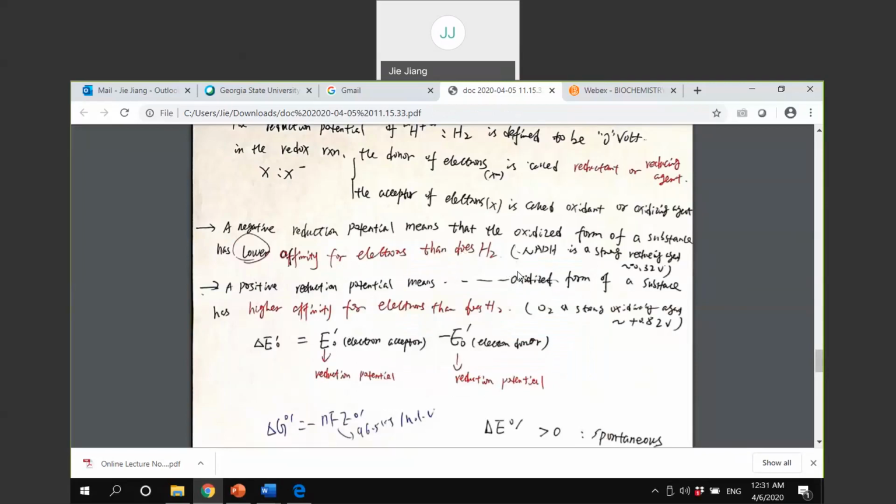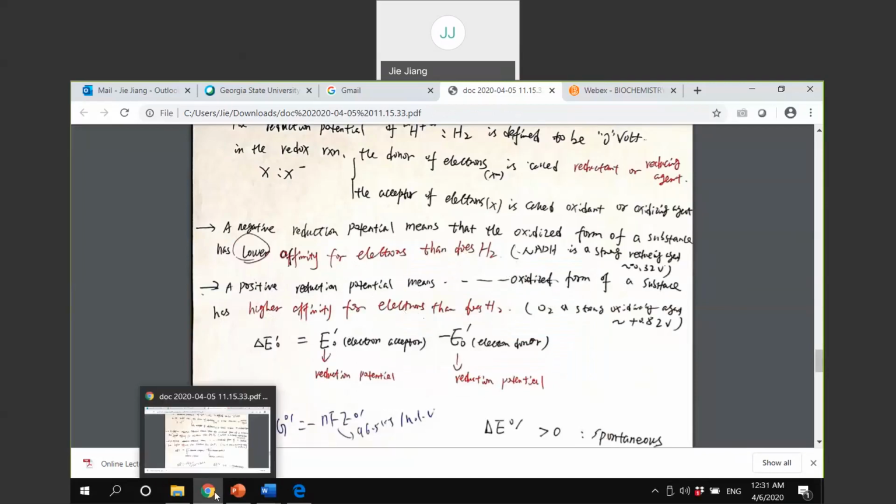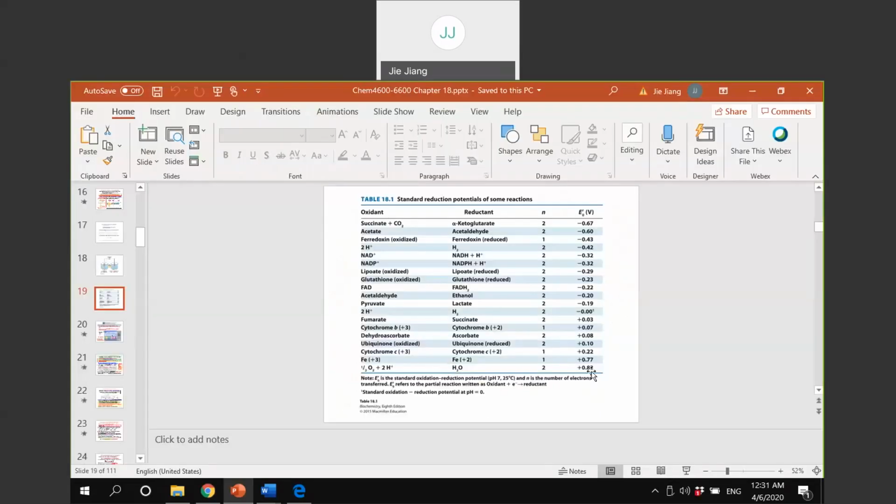So if it has a positive reduction potential, that means the oxidized form of the substance has a higher affinity for electrons than hydrogen. For example, oxygen has a positive 0.82.